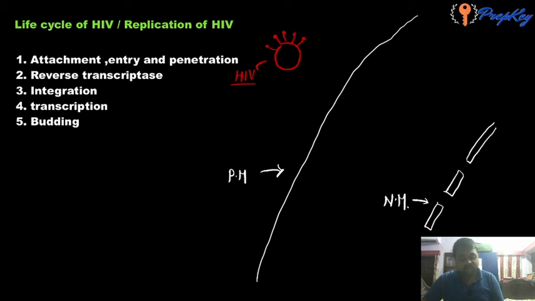Let's see what happens when this portion of HIV, the GP120 portion, attaches to the receptors.